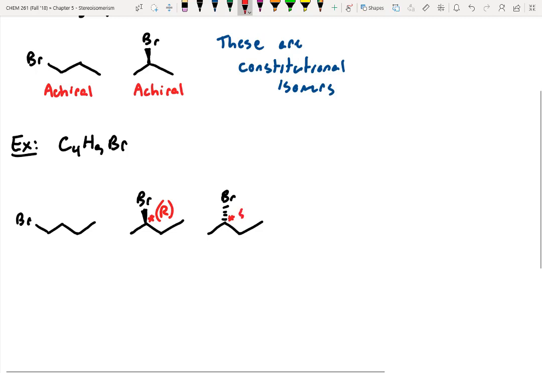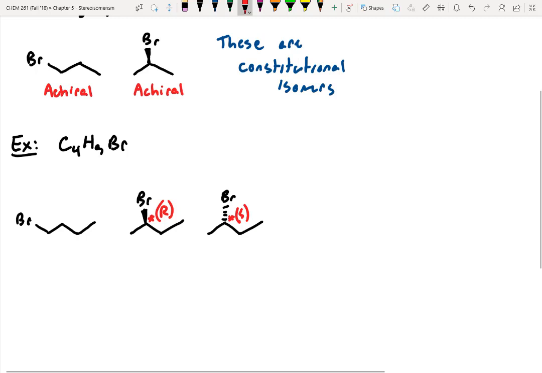S. So these are not the same compound. The one on the left is 2R-bromobutane. The one on the right is 2S-bromobutane. So they're differently named compounds, they must be different molecules. Yeah, they're enantiomers. They're non-superimposable mirror images. We'll come back and do all the relationships, though.